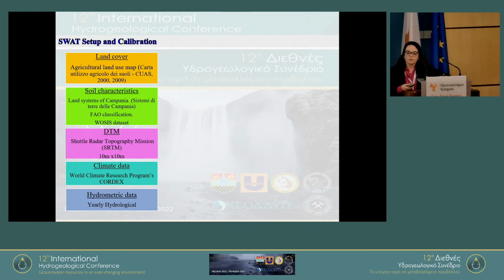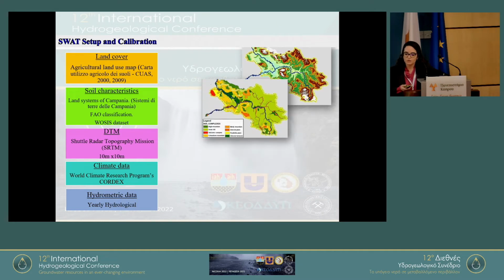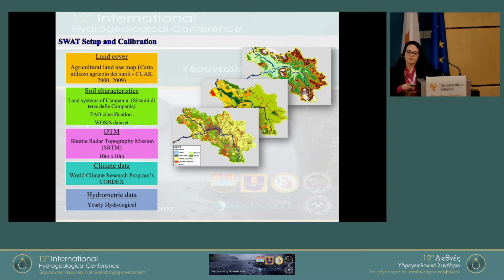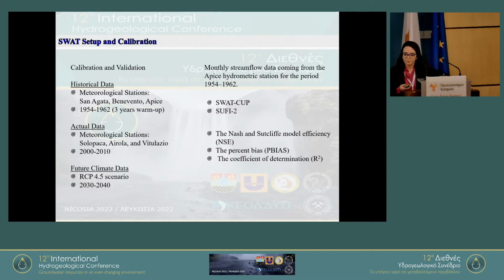Let's move on to the SWAT setup. So in general, the SWAT model needs basic information for the delineation of a basin into small basins and hydrologic response units. Thus, in the current research, we use land cover, soil texture, and DEM layers of data, and climate data and hydrometric data.